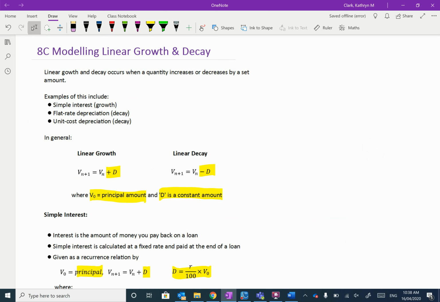And our key terms to look out for in this case: simple interest, flat rate depreciation, unit cost depreciation. Now, questions are always going to tell you, you'll have in there simple interest, flat rate, or unit cost. That will be the key phrase in your questions as to which one of those you are looking at.